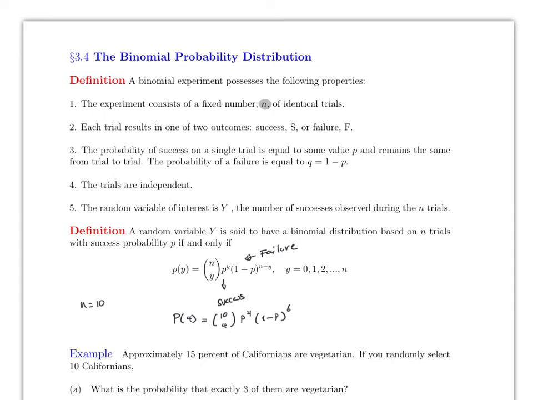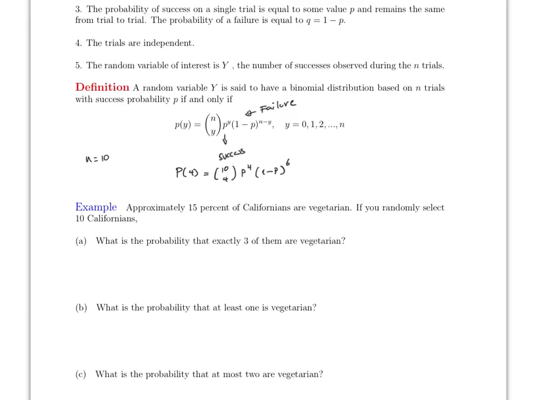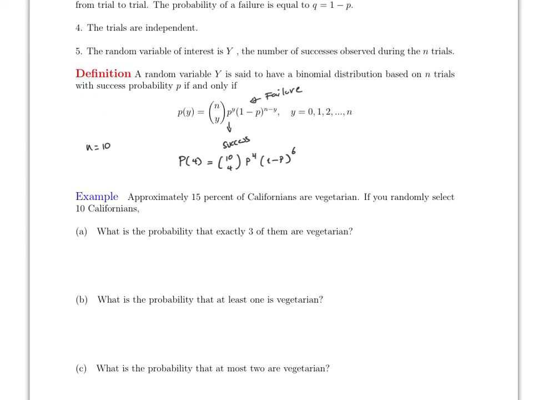So let's do a concrete example. The problem says the following: approximately 15% of Californians are vegetarian. So here, being vegetarian will be considered the success, and the probability of success will be 0.15.